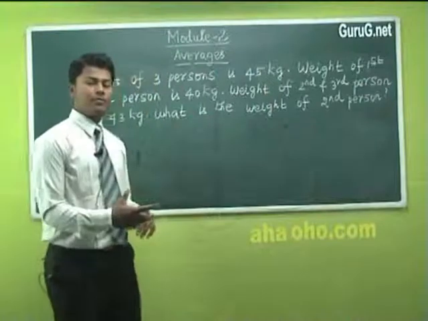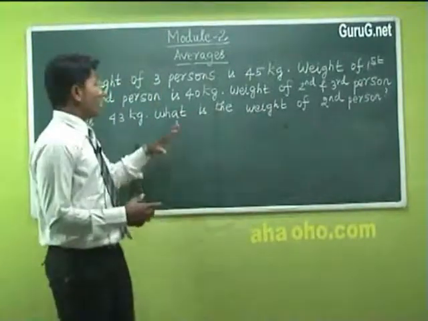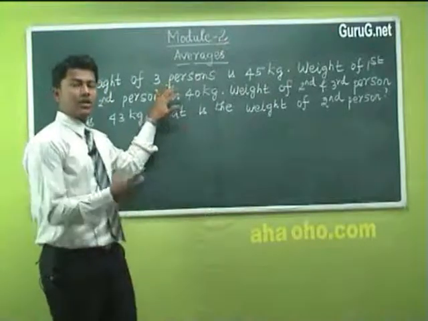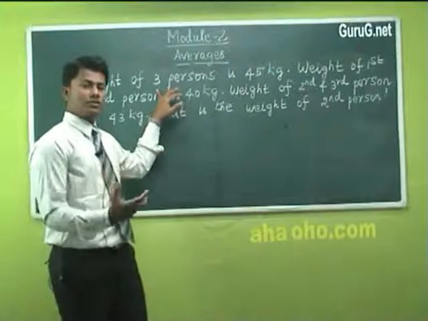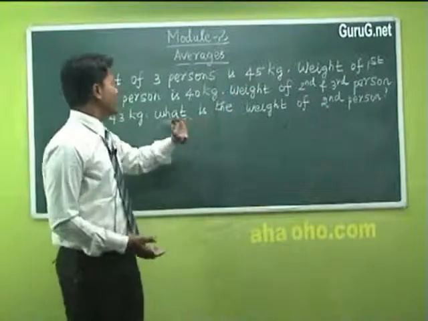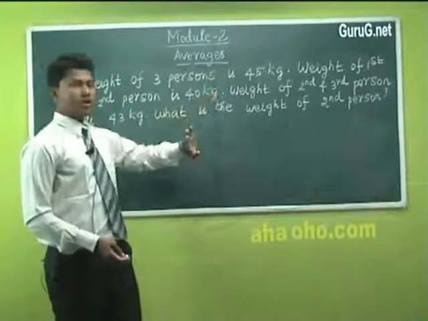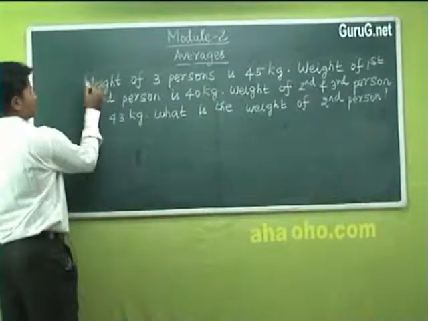So in this type of problem, as I said, you can well analyze the given problem. Weight of 3 persons. Consider, say, the persons be A, B, and C. The weight of 3 persons A, B, and C is 45 kilogram. Fine. The weight of 3 persons is 45 kilogram in the sense it is an average value. Okay.